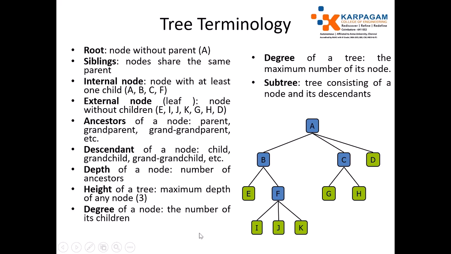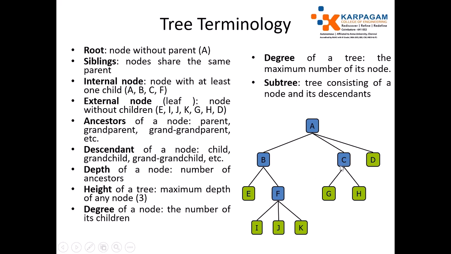Next, the ancestor of a node. The parent, grandparent, and great-grandparent nodes are called ancestors of a node. Here F, B, C, A are called ancestors. Descendants of a node means child, grandchild, and great-grandchild. The descendants of A are B, C, D, E, F, and other nodes also.